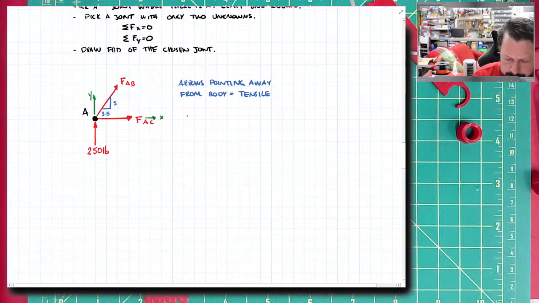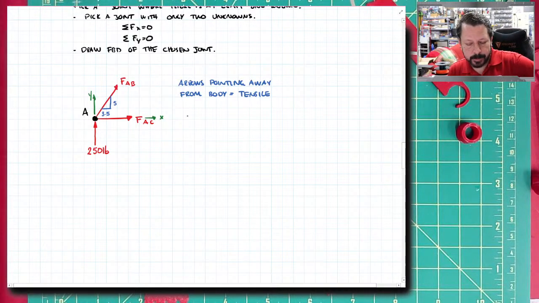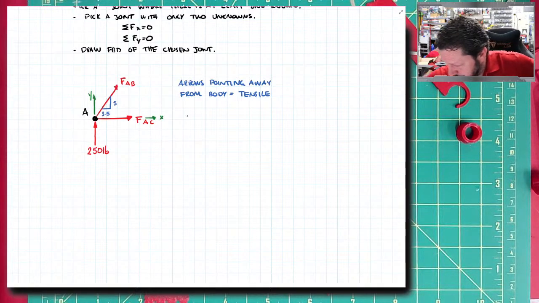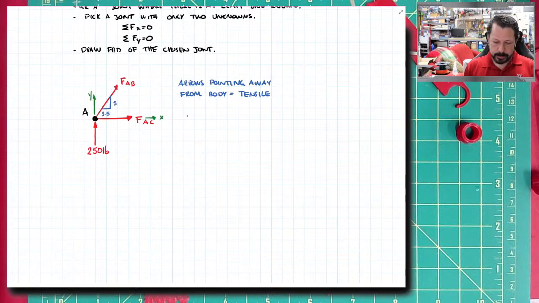And it probably is worth it to spend a few seconds looking and seeing which one you should do first. So for instance, if I did summation of forces in the X direction first, it would say that AC is in the X direction and AB also has an X component. So there's two unknowns. In the Y direction, there's only one unknown, the Y component of AB.